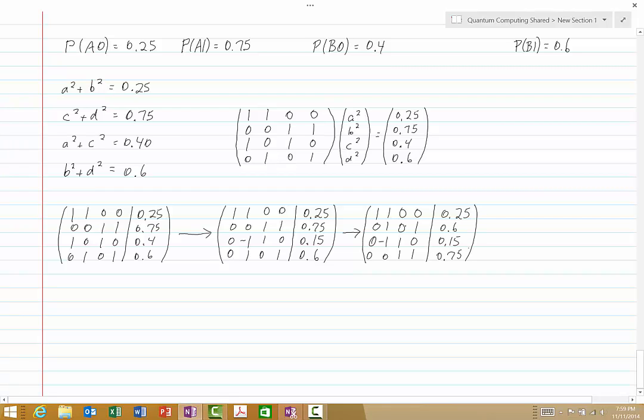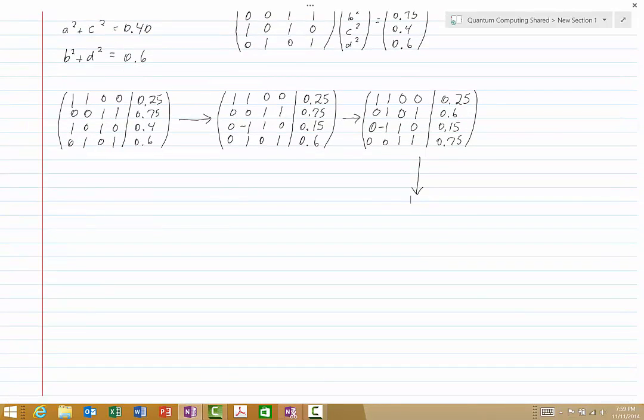And continuing. Now we want to get rid of all the non-zero terms below the diagonal in this column. We've already done that in the first column. Now we want to do it in the second column. The only one below the diagonal in the second column is this negative 1, which is easily eliminated by adding the second row to the third row.